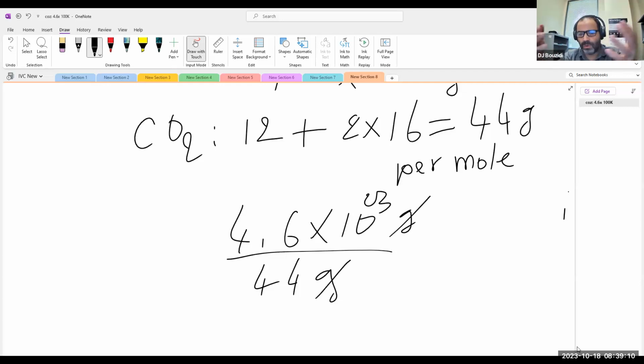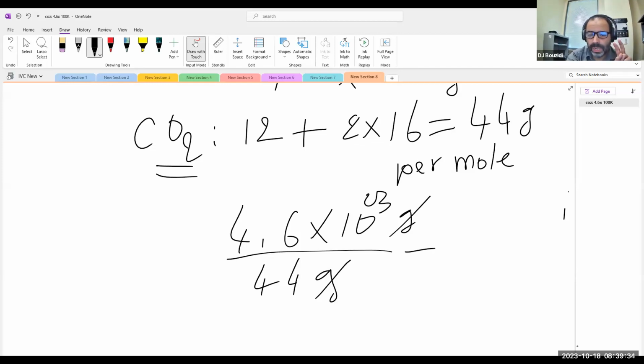So I'm going to do the math: 4.6 times 10 to the power 23 divided by 44. That is how many moles of carbon dioxide you have. Each mole will provide 2 oxygen atoms because each mole has 2 oxygen atoms.